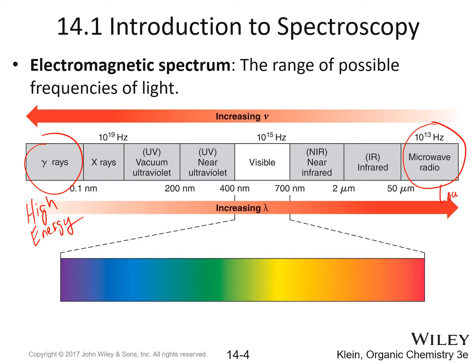Where microwaves are the lowest energy. And the region of the spectrum that our eyes are able to see is this tiny sliver called the visible spectrum, which ranges from approximately 400 nanometers to approximately 700 nanometers.